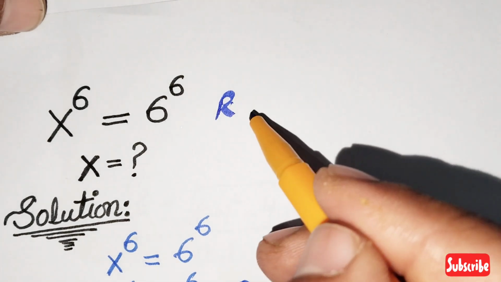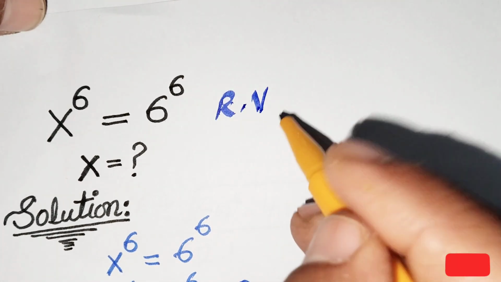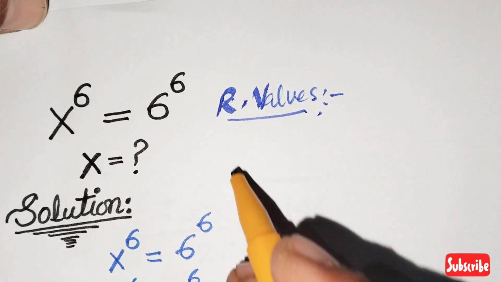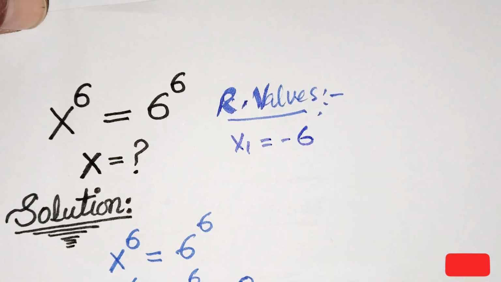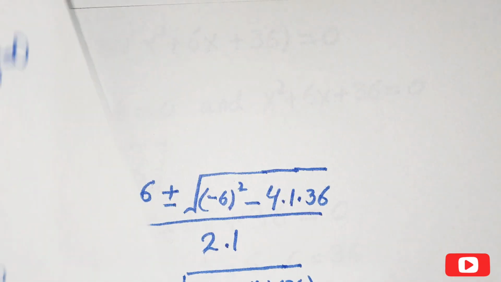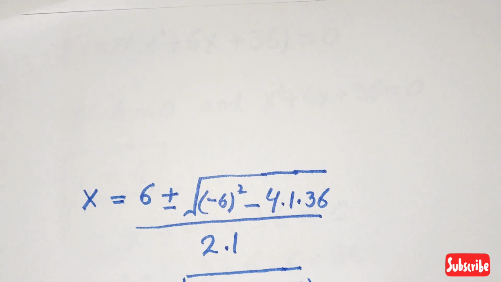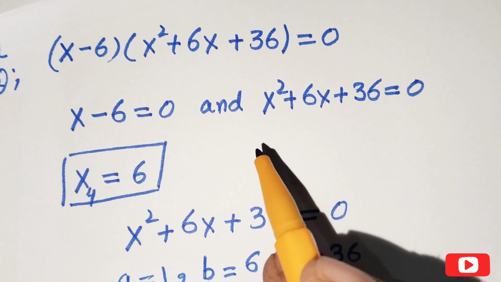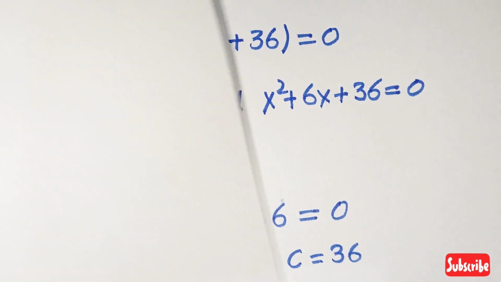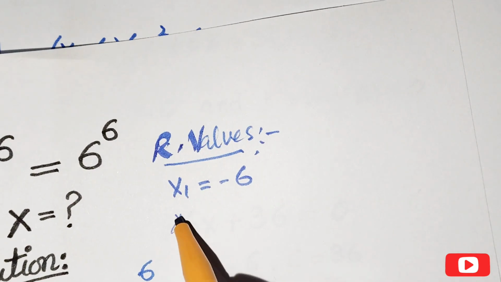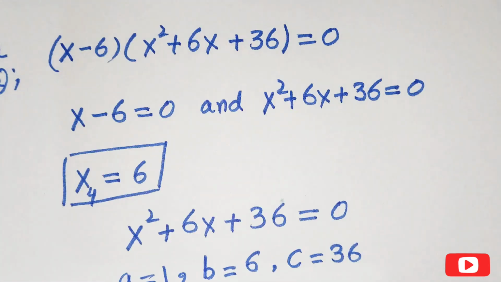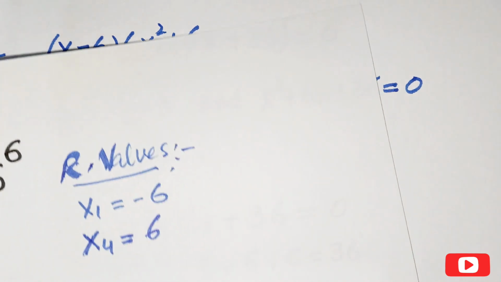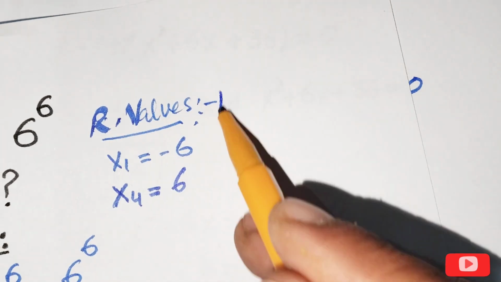Our real values are two values we found: x1 is equal to minus 6, and x4 is equal to 6. These are our real solutions. Similarly, x2 and x3 are complex solutions.